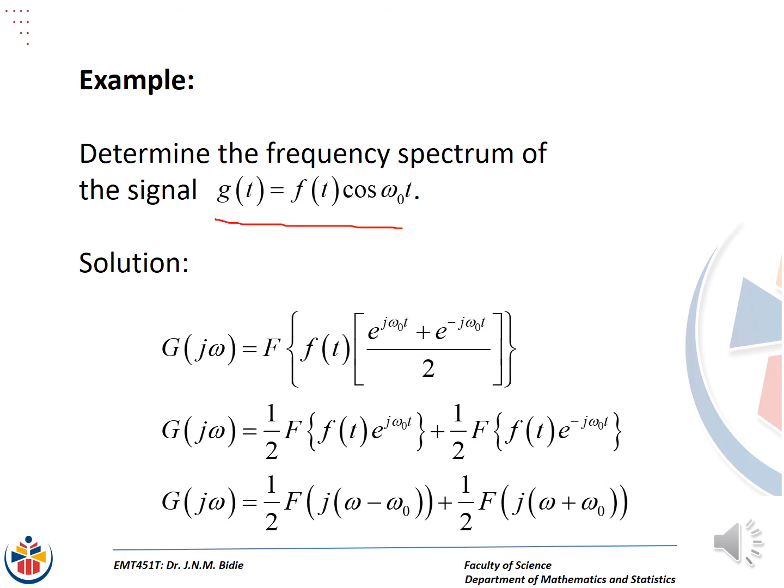So our signal has cos of omega naught t. The first thing we do is to change cos omega naught t and write it in exponential form, and then we'll have those two terms making use of the linearity property, and according to the definition of the frequency shift, we're getting those two answers.